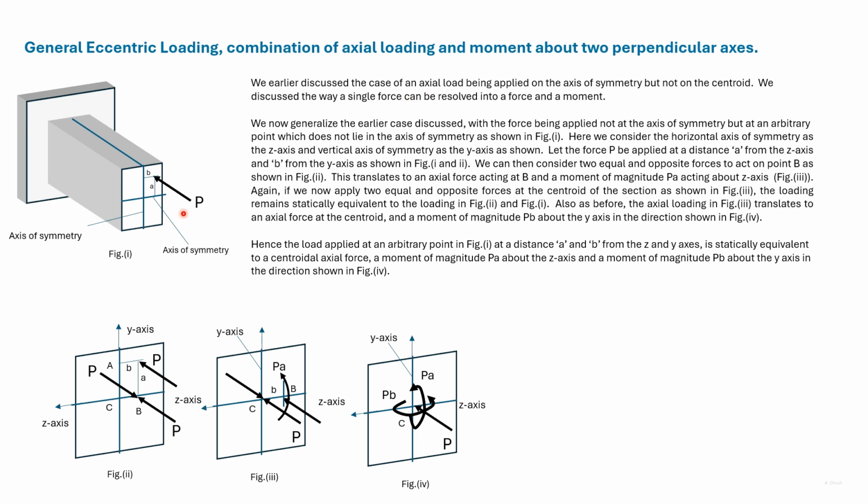So, as earlier mentioned, an eccentric load P is statically equivalent to a load P acting on the centroid and two moments about two perpendicular axes.